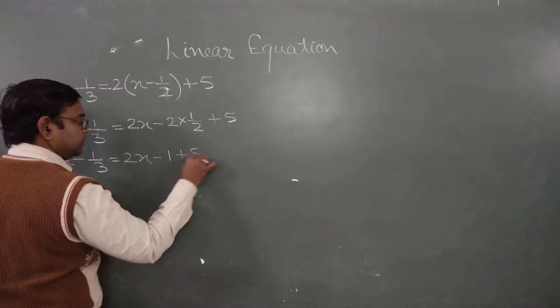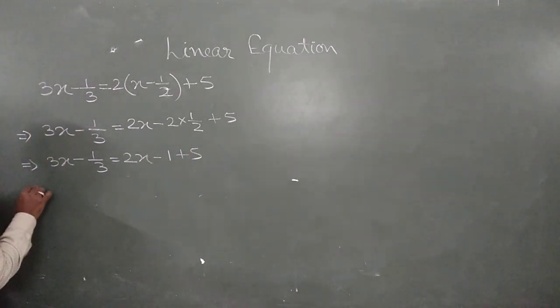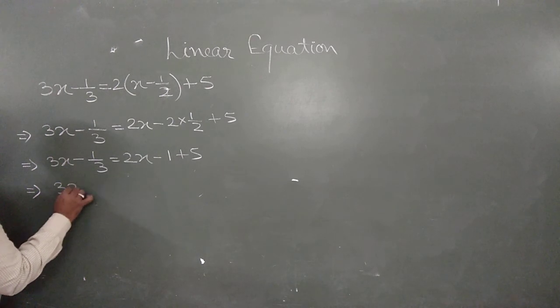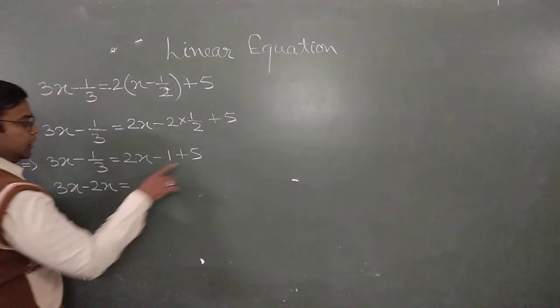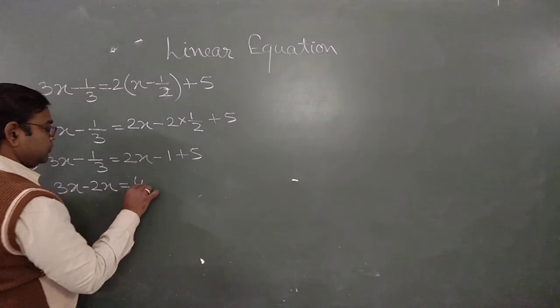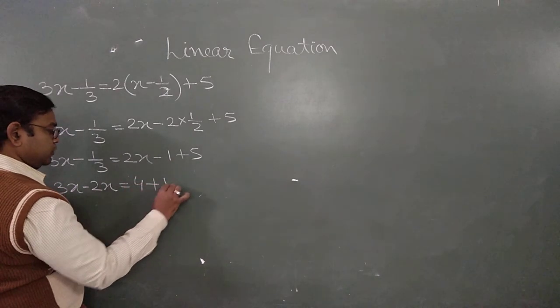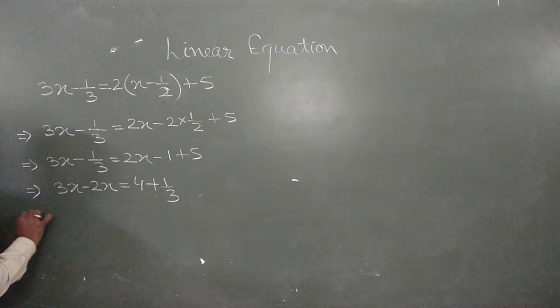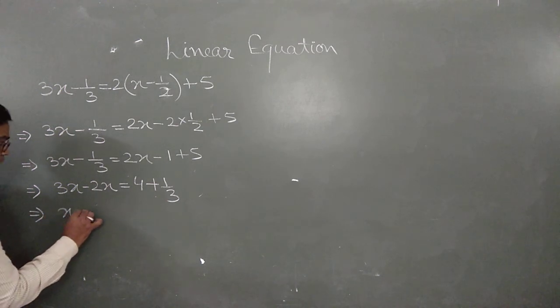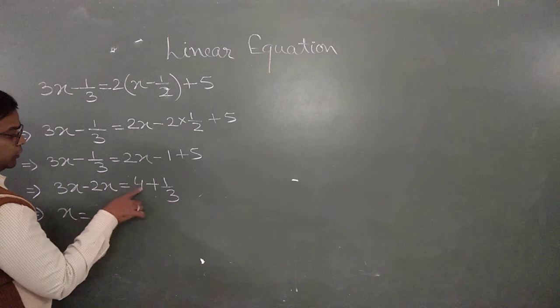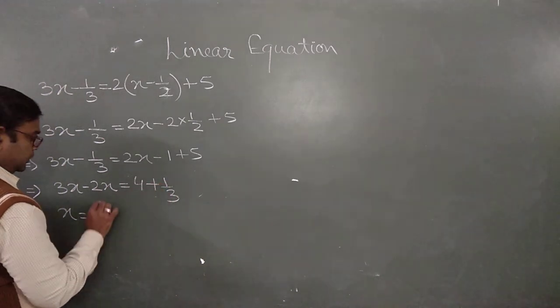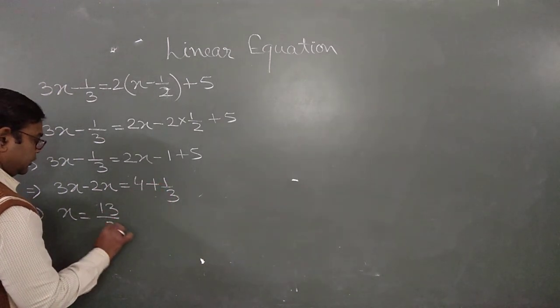Plus 5. Now shift the variable to this side. 3x minus 2x equals, and 5 minus 1, it's a 4, plus 1 upon 3. So x equals, if we solve this side, remember 3 into 4 is 12, 12 plus 1 is 13 upon 3.